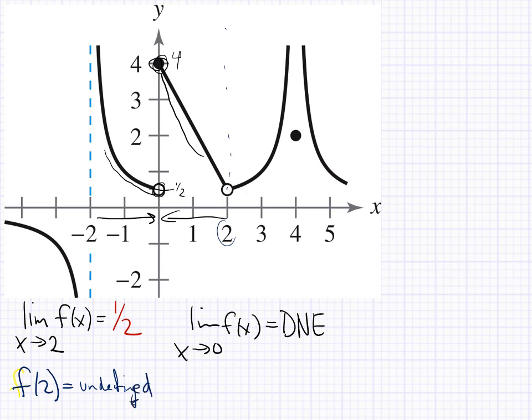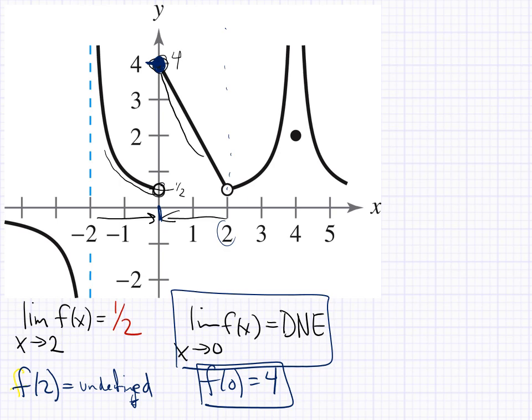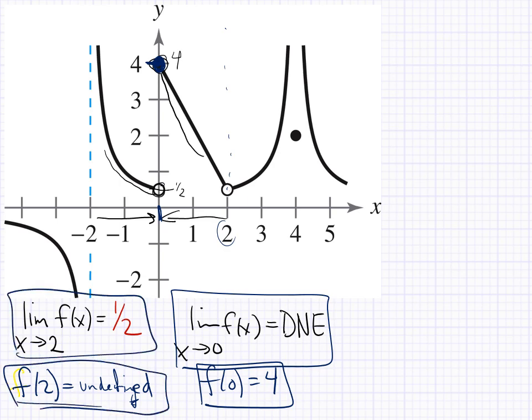If I said find f of 0, there is a point that has an x value of 0, and that point sits right here. And that x value is associated with a y value of 4, so f of 0 equals 4. But this question and this question are different. And we're trying to find the answer to the limits. In pre-calc, you were just trying to find the value of the function.